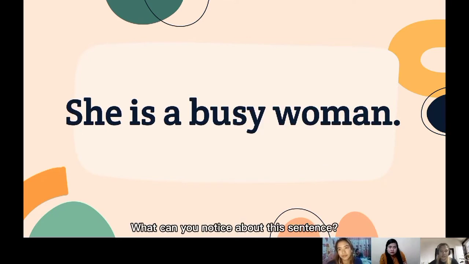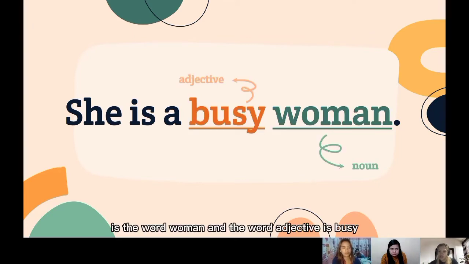What can you notice about this sentence, Miss Cheska? Based on the earlier example, the man became a woman. It changed the gender of the noun. Okay, very good observation. Now our noun is the word woman, and the adjective is busy.